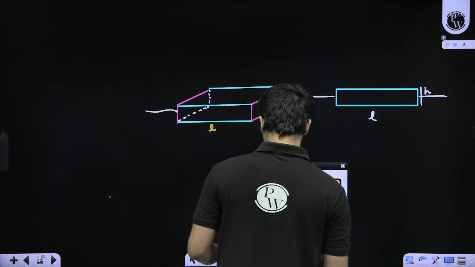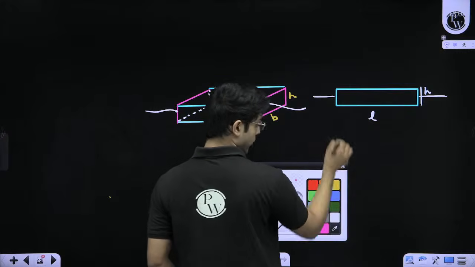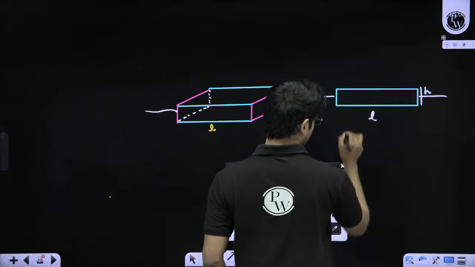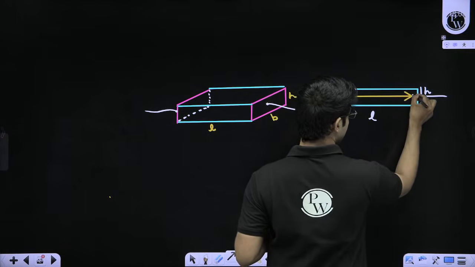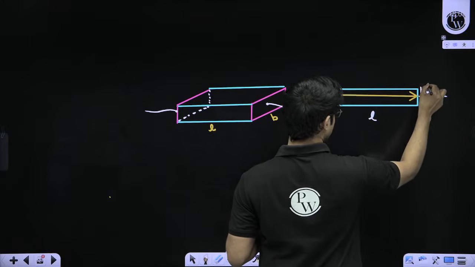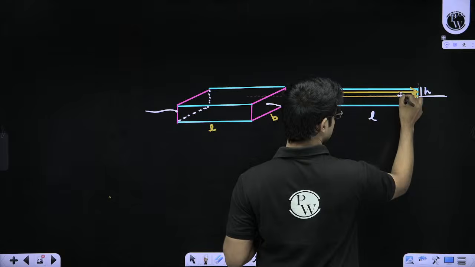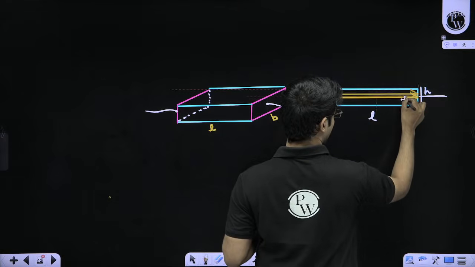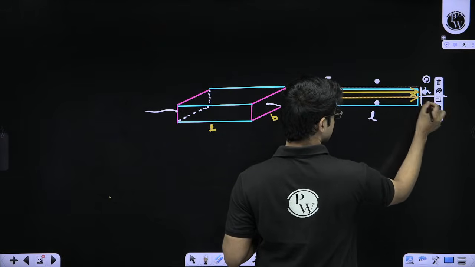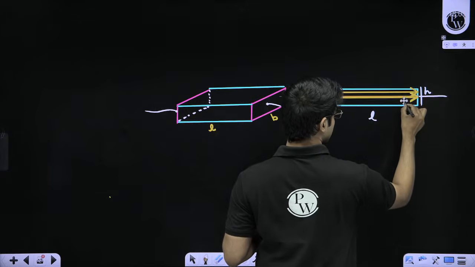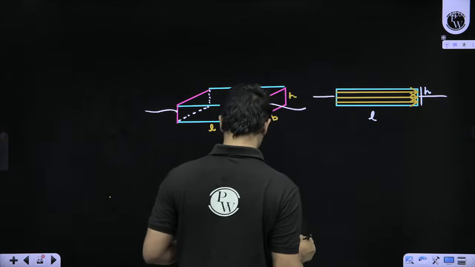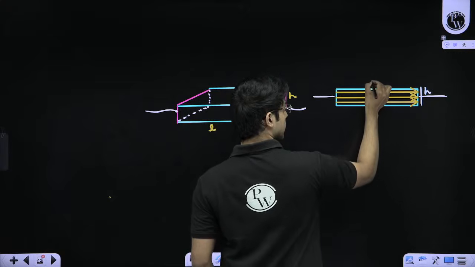And current I am giving you, it is flowing in this direction, parallel to this L line, okay? So current is flowing this way, parallel to L.